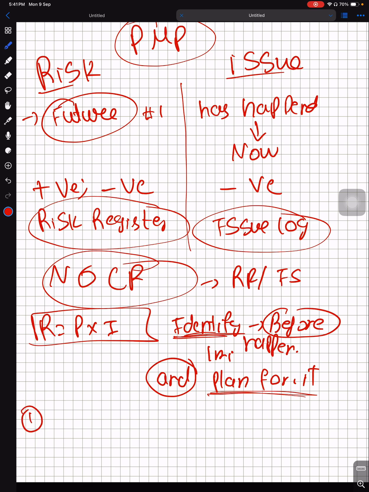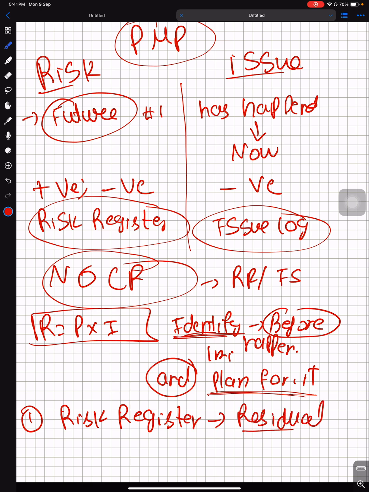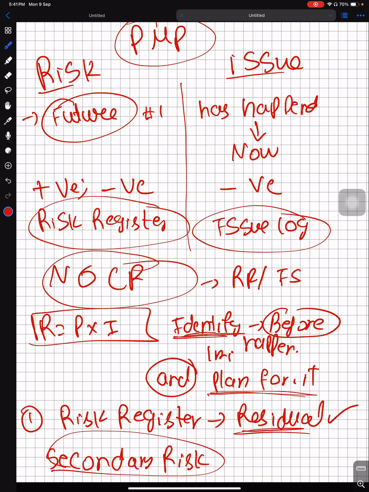So for example, you identify a risk and now the trigger of the risk occurs. The risk response will be done by the risk owner and you will update the risk register. And then you will check residual risk, remaining risk, and secondary risk. I'm not updating the issue log, I'm updating the risk register because I need to evaluate residual risk and secondary risk.